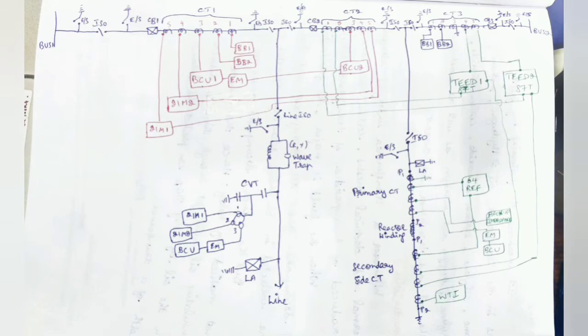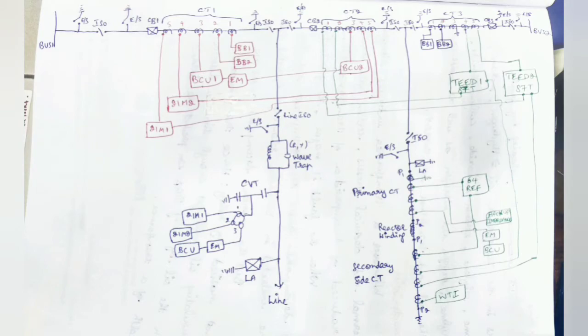Then over voltage, overload protections, and power swing blocks all comprise a single distance relay. The distance relay protection video I have also given individually, so you can refer to that video also.